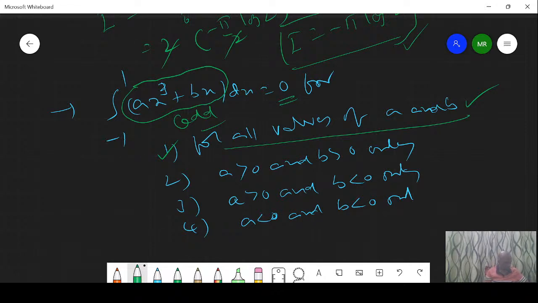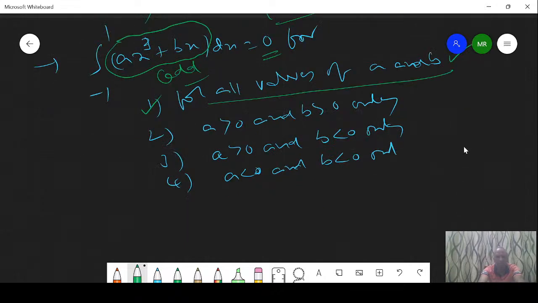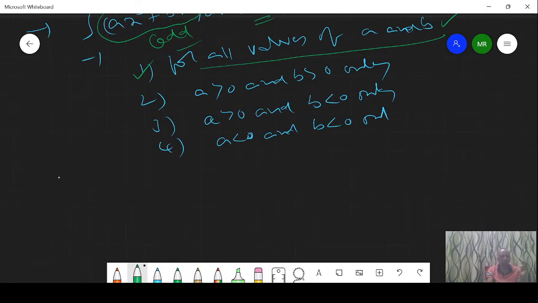Right. The next one I can write: the integral from 0 to n of step of x dx. This is the step function, or I can say the greatest integer function.